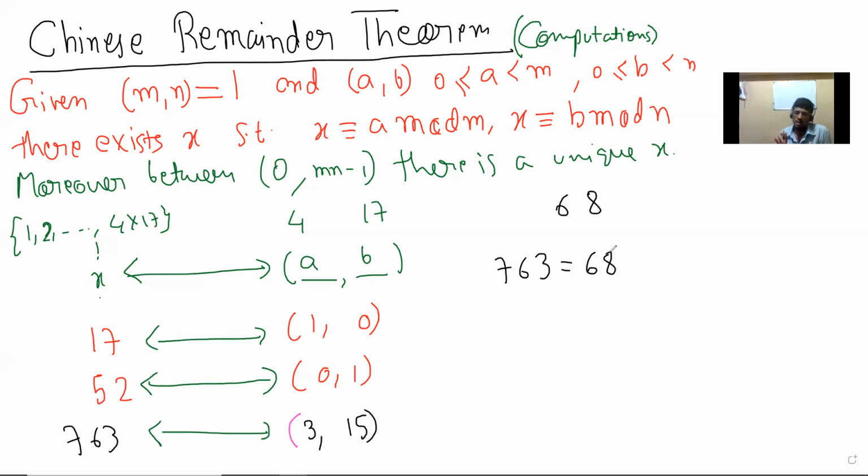Otherwise, this is certainly correct, but if you want to bring it in this interval, what will the remainder be? We will just divide and check. So just do it, 68.